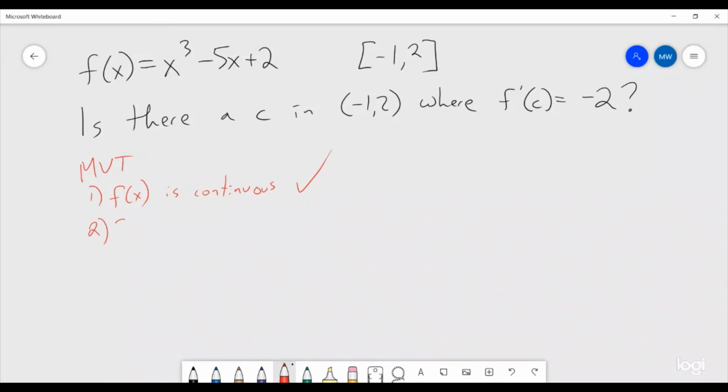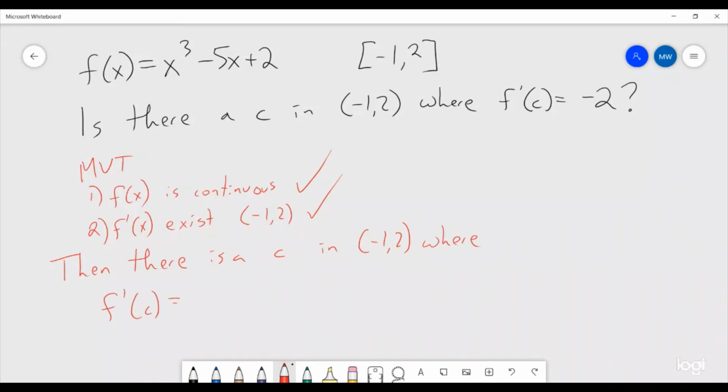Second one, does f prime of x exist on the interval negative 1 to 2? Well, the derivative of this exists everywhere, so that's perfect. So that means that then there is a c in the interval negative 1 to 2 where f prime at c is equal to f of 2 minus f of negative 1 over 2 minus negative 1.